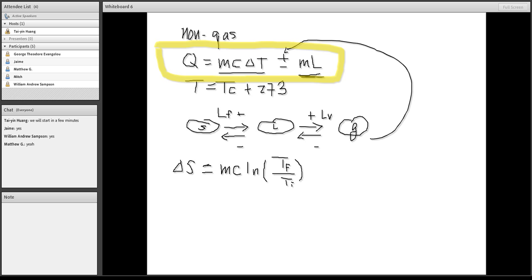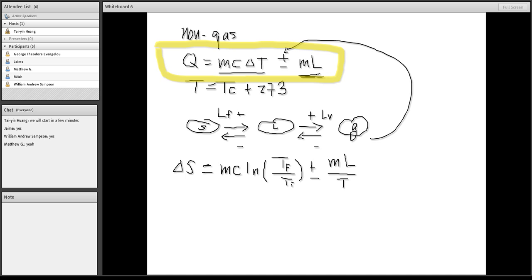And then plus or minus, because again this plus or minus comes from the plus or minus in the heat equation, the mass of the object that undergoes phase transition times the heat of transformation over the temperature, and that temperature will be the temperature when the phase transition is taking place. In other words, that is when the temperature does not change.